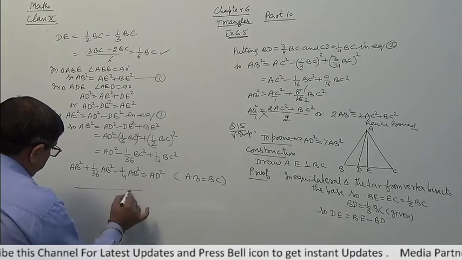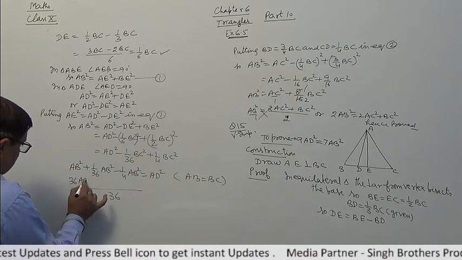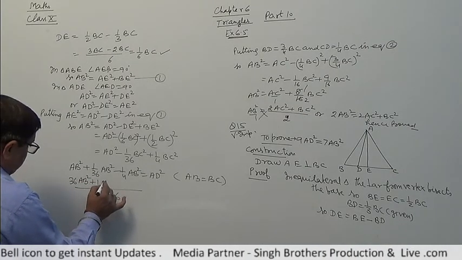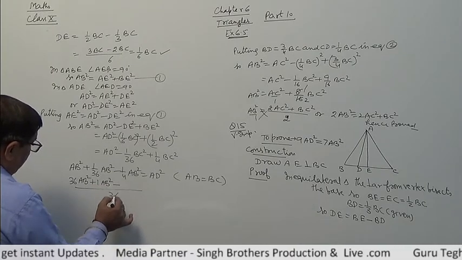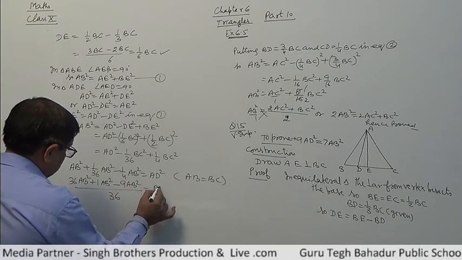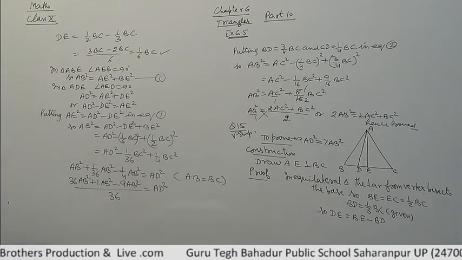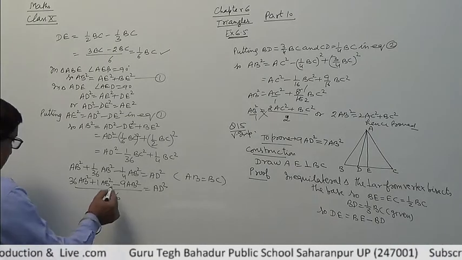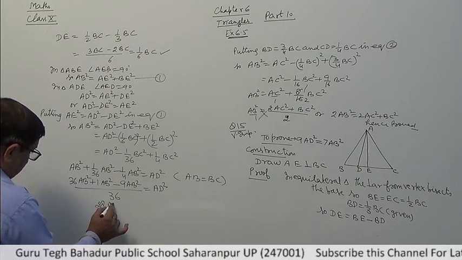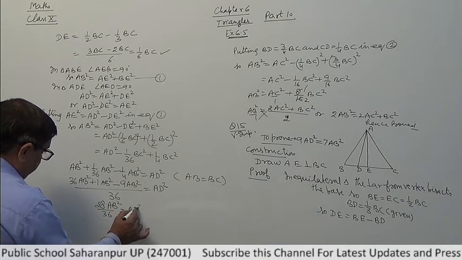Take the LCM of it. 36 is the LCM. 36 AB square plus 1 AB square minus 9 AB square. 36 plus 1 is 37, 37 minus 9, that is 28 AB square upon 36 is equal to AD square.